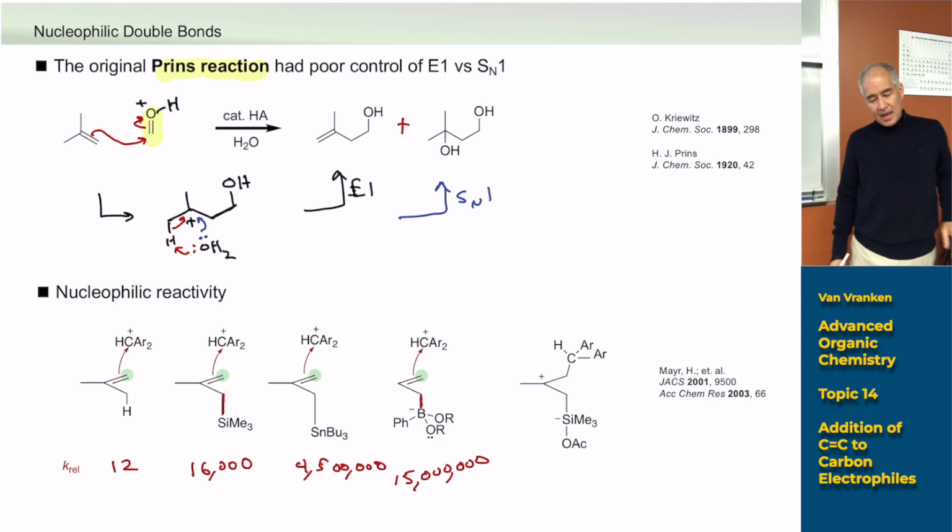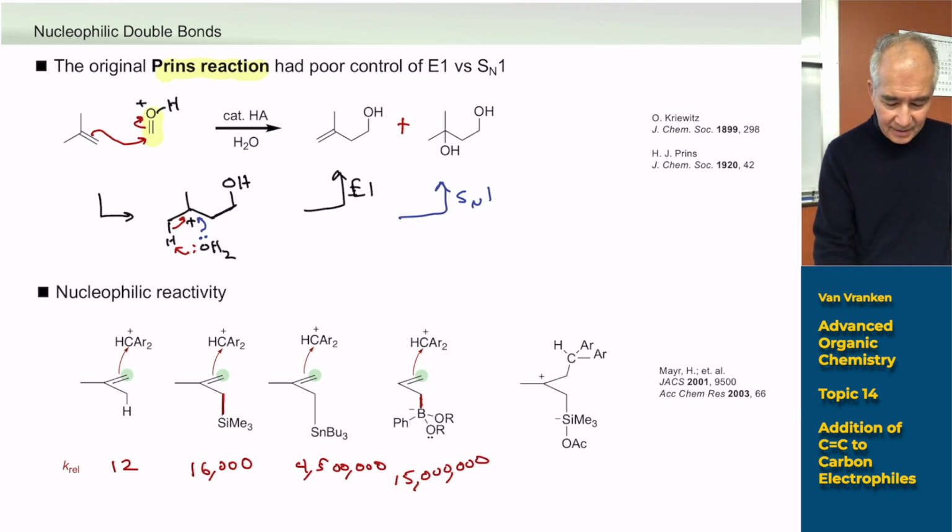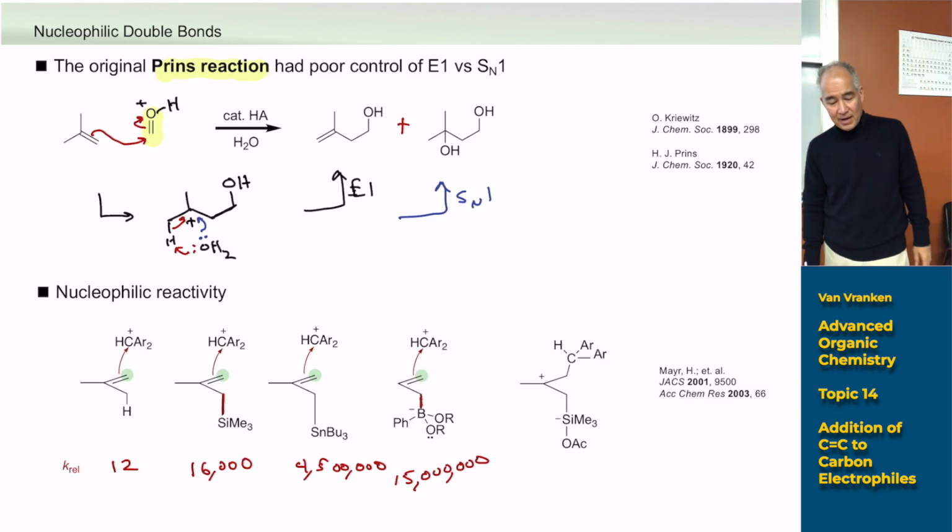Wow. Allylboronates, that sounds like the stuff. Now, it may seem like a big hassle to put these extra groups on there because I don't want to put tin on my molecules. I don't want to put silicon on my molecules, right? If you're trying to make products that look like this up here, that just have a new CC bond right here, you don't want all that extra tin and silicon and boron stuff on there.